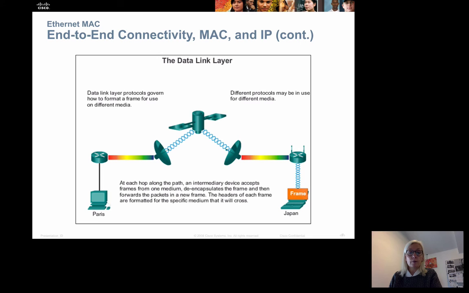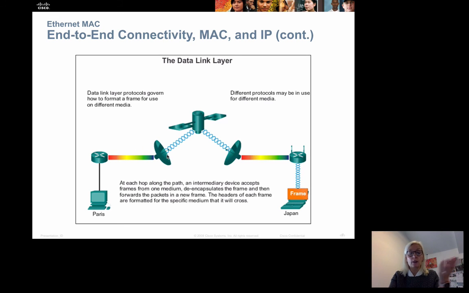So what we will see is that the MAC address of the packet could actually change between different networks. It's sent out on an Ethernet, and then we have one type of frame with the MAC address, but then the router will encapsulate it into another type of layer 2 frame.